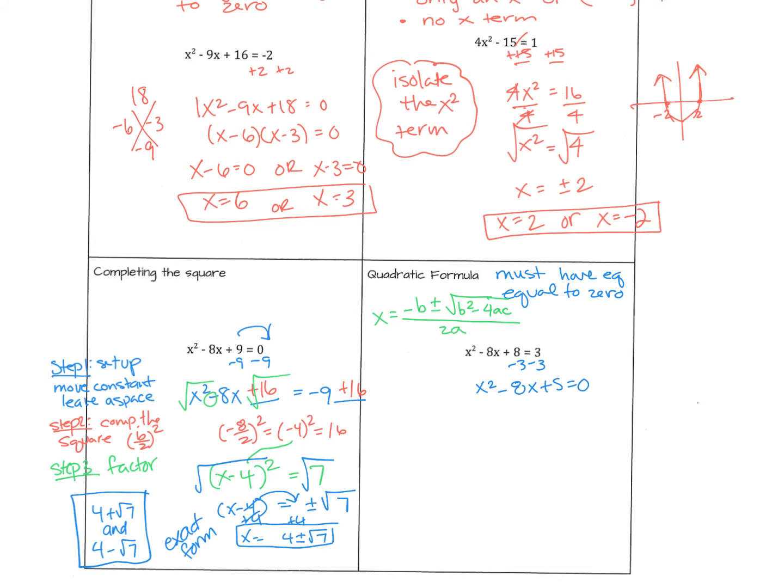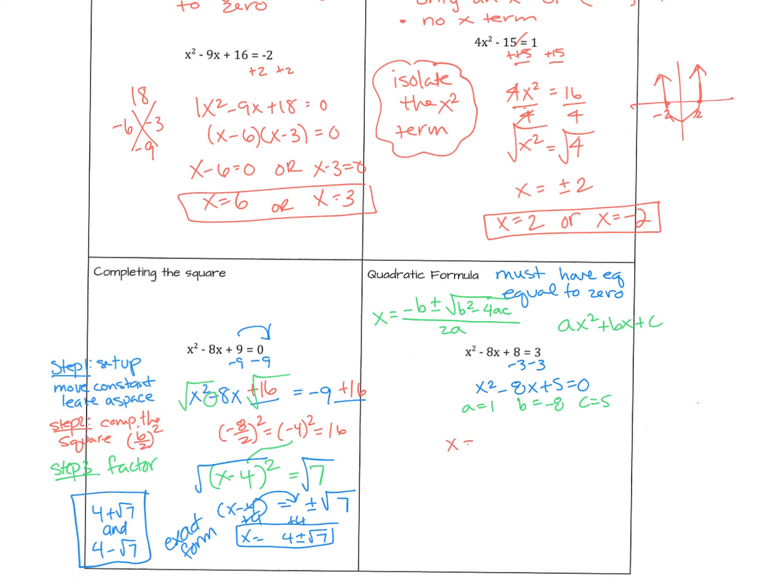So in my problem, remember that the standard form is ax squared plus bx plus c. So in my problem, my a is 1, that's the coefficient of my x squared, my b is -8, and my c is 5. So let's go ahead and plug these numbers into my quadratic formula.